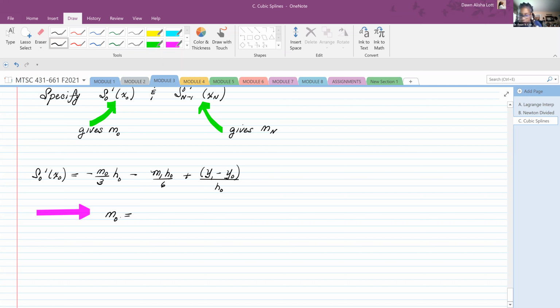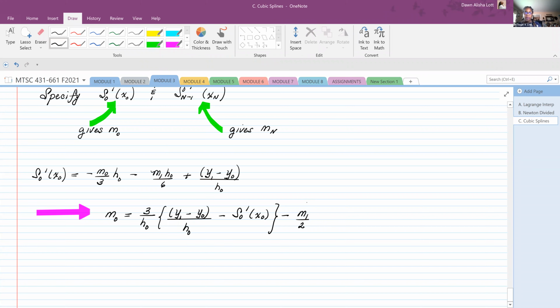So that's going to give me M0 is equal to 3 over H0 times the bracket Y1 minus Y0 over H0 minus S0 prime at X0, which we just supplied to the problem, minus M1 over 2.